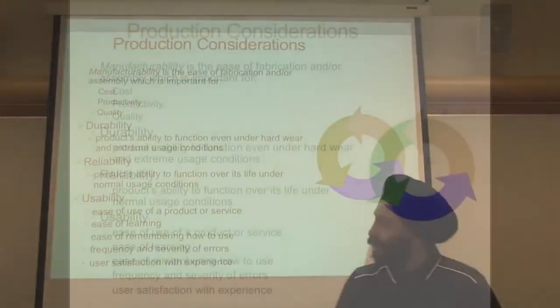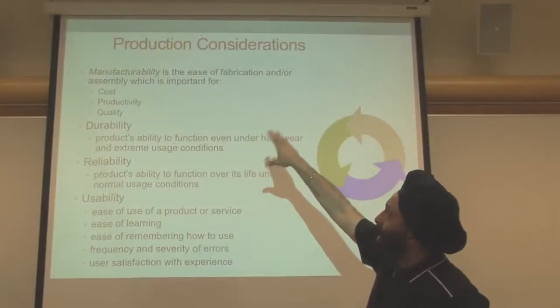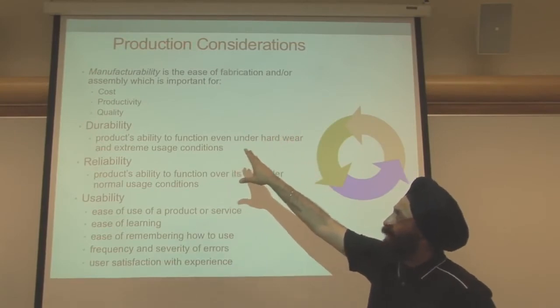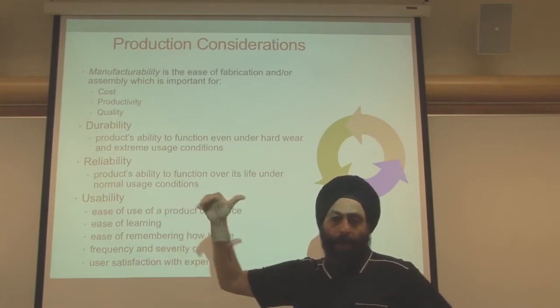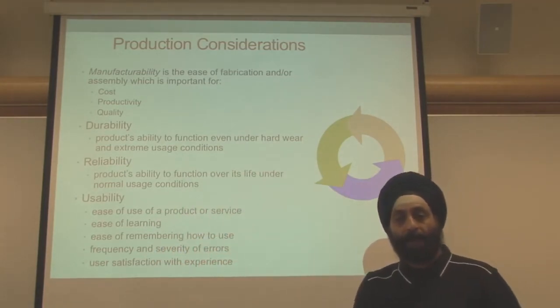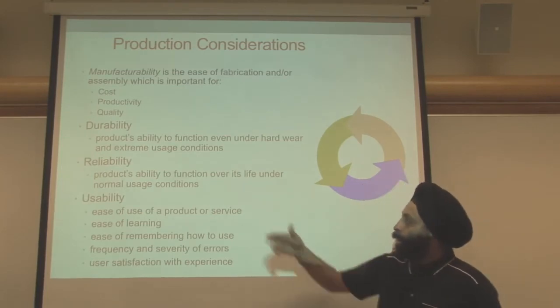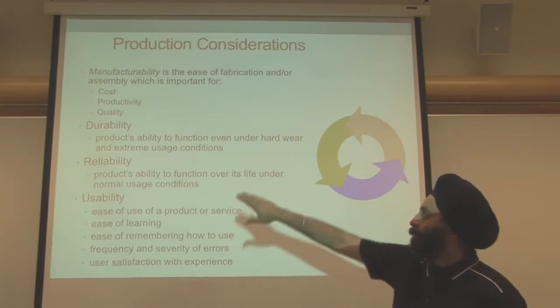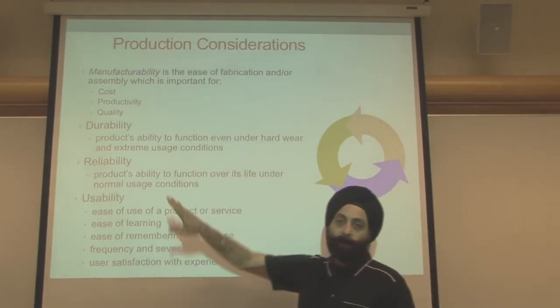Okay, so in terms of production considerations, as I mentioned, you look at manufacturability, which is the ease of fabrication or assembly, which is important for cost: how much the product will cost, what the productivity of the person will be in terms of producing the product, and the quality of the actual product. Durability is the product's ability to function even under hard wear conditions or extreme usage conditions.